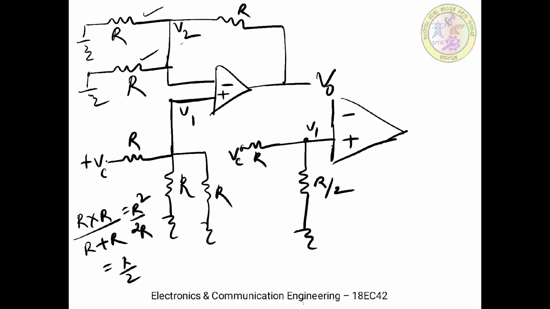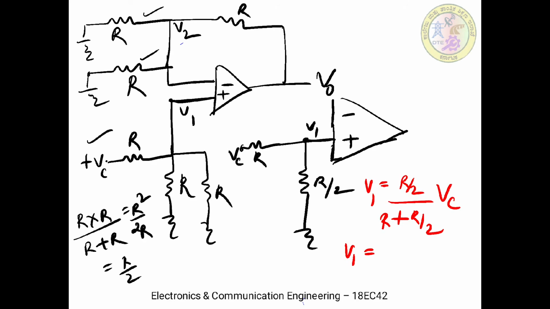So here we have the remaining part of the circuit, let it be. We are concerned with only the changes at the V1 voltage levels. So now with the VC applied, we can write that V1 here is equal to R by 2 by R plus R by 2 times VC.